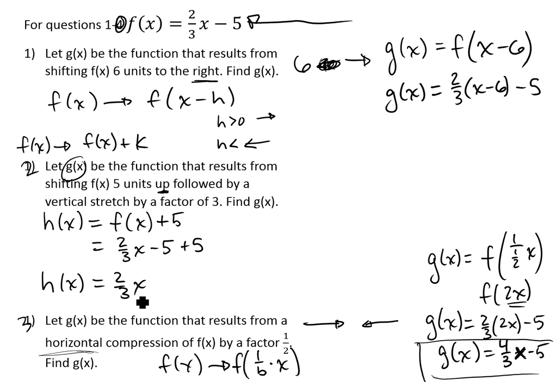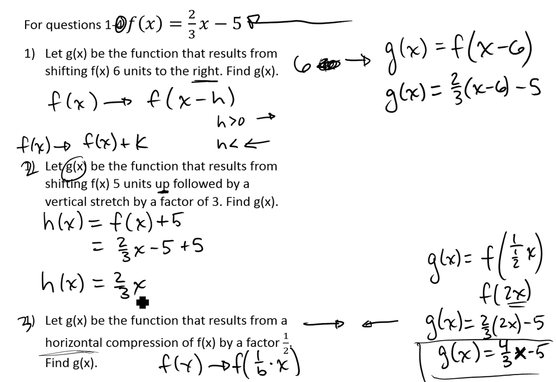So we're done. We're not done. We've done our first thing. We've translated the entire function up 5 units. When I look at it, I understand that, yeah, that makes total sense. In fact, I probably could have done that in a shortcut way. I'm just trying to learn this notation. h of x is equal to 2/3 of x.